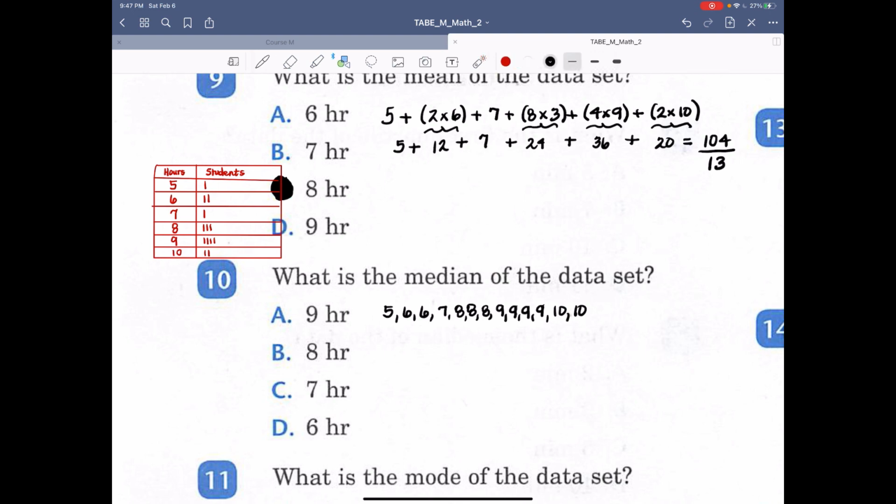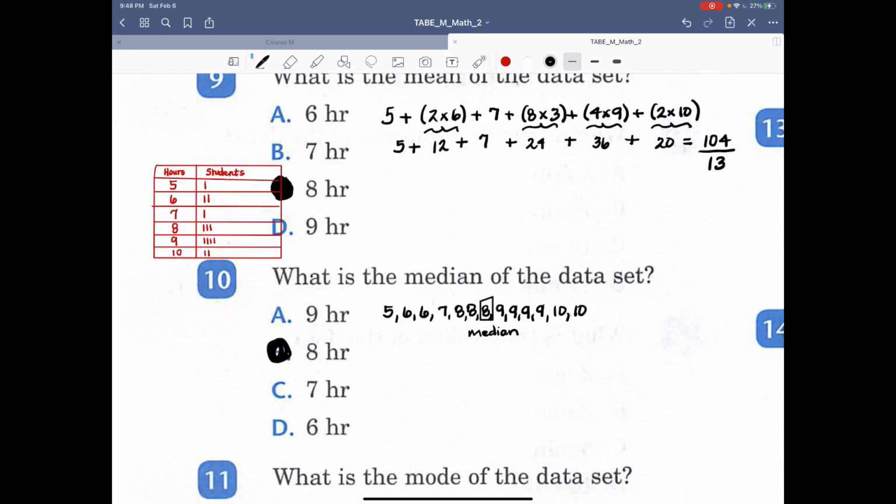The median is the one in the middle. So if you have 13, that means that you would have 6 on each end. And so the middle will be this 8 right there. You have 6 on either side. 1, 2, 3, yeah. So this is your median, which is the same as the mean.